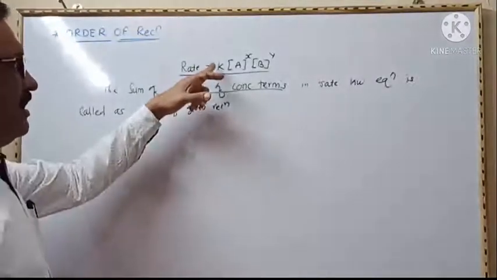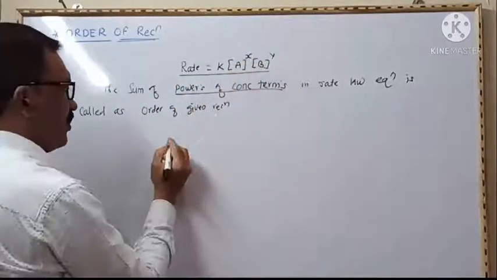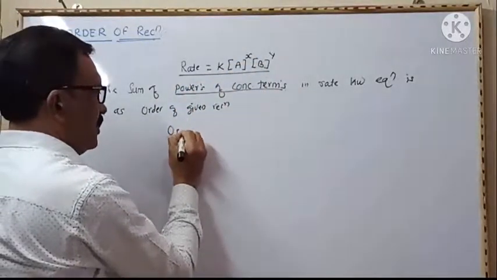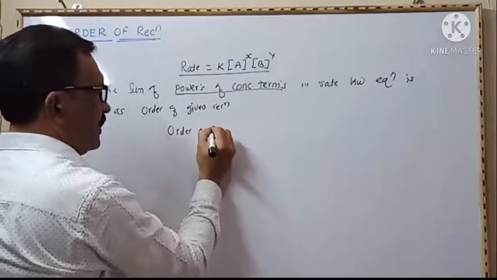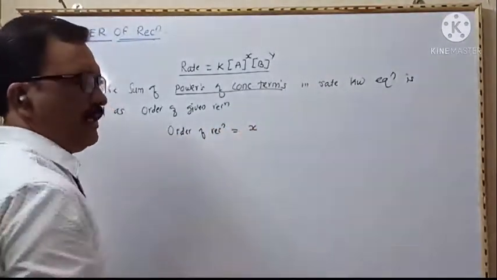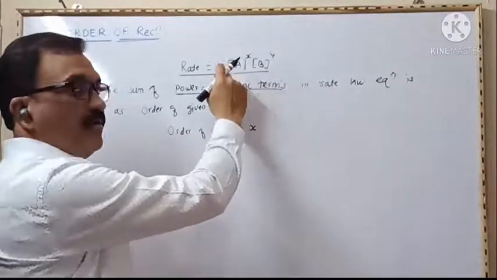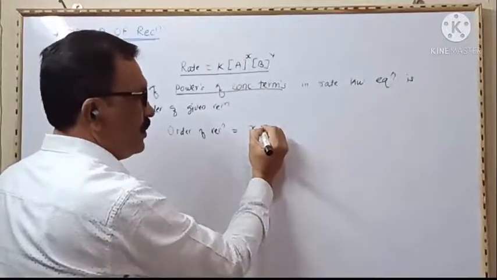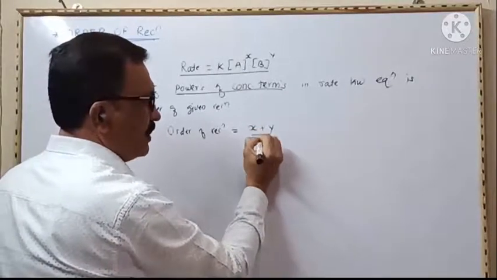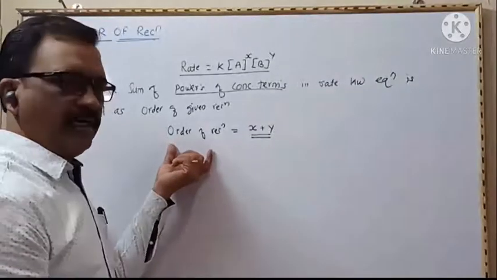Here, the order with respect to reactant A is x, which is the power of the concentration term of reactant A, plus y. So x plus y is equal to the order of reaction.